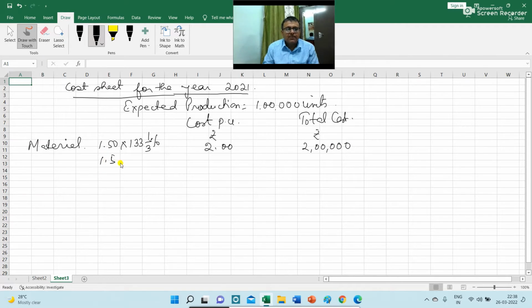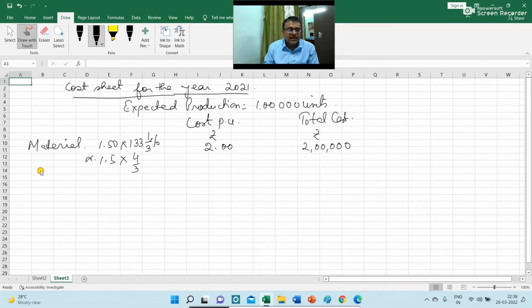That is 1.50 into 4/3, so you will get rupees 2 per unit as the material cost, and the total material cost will be rupees 2 lakh, because 2 into 1 lakh unit is the expected production in the year 2021.